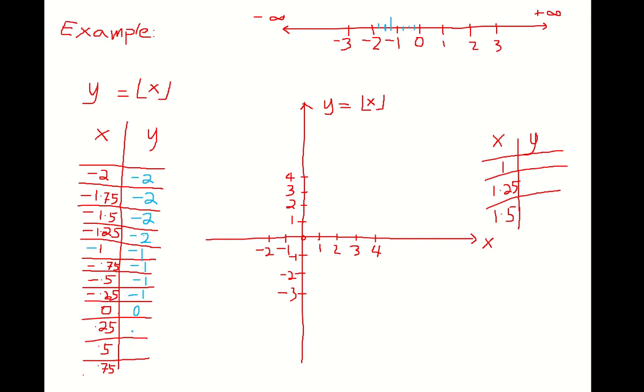Then positive 0.25. Now we're on the positive side. Sorry, 0.25 is here. When we round this down, not to 1, because when you round this to 1, we are going over it.